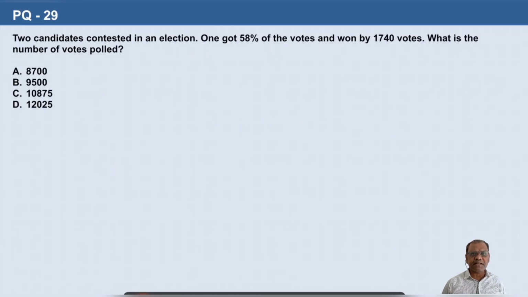Question number 29. Two candidates contested in an election. One got 58% of the votes and won by 1740 votes. What is the number of votes polled? In the election you will have two candidates. The total number of votes we will denote by a vertical line.